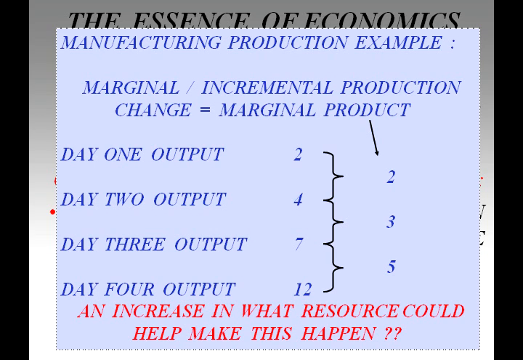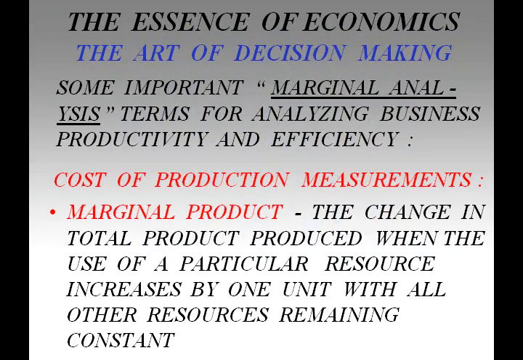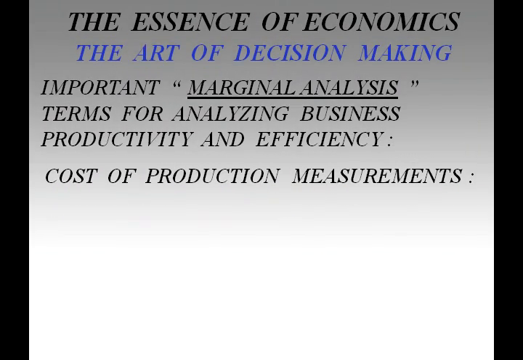I'd like for you to keep that question in mind as we move forward here with some other examples. Now, the suggestion of an increase in any number of resources could have been used to explain the incremental increase in production in the example that we just looked at.